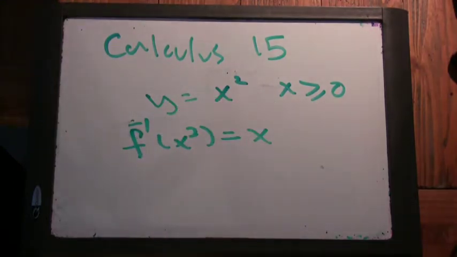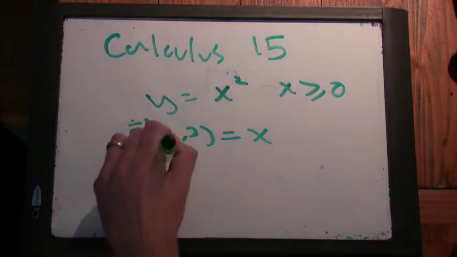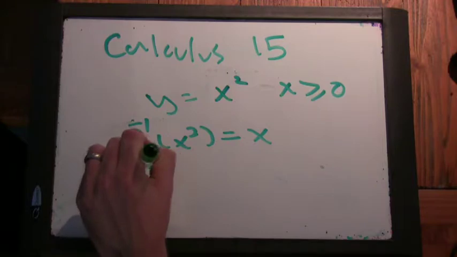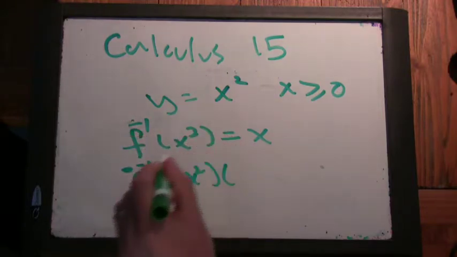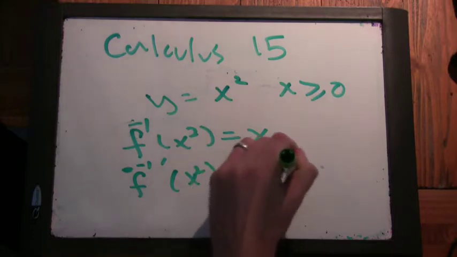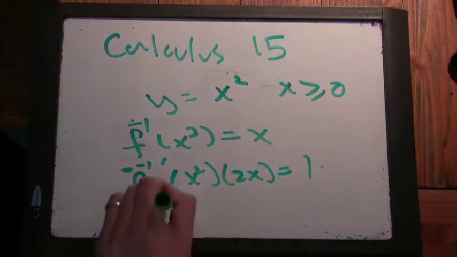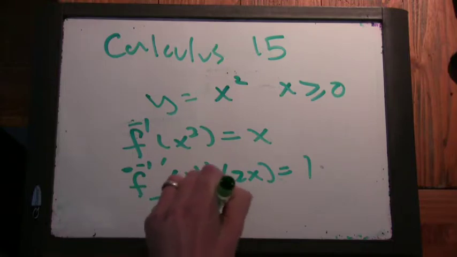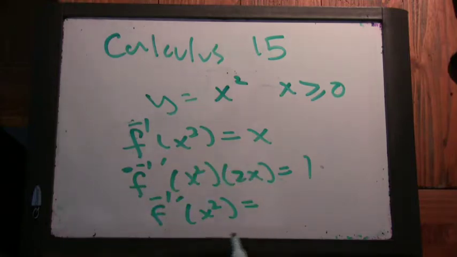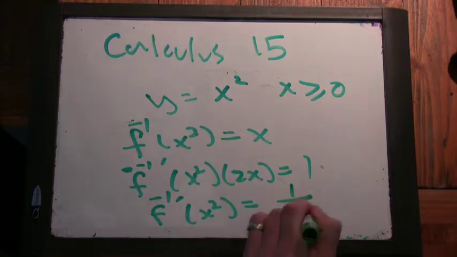Okay, so then f inverse prime of x squared times the derivative of the inside, 2x, equals 1, right? And so f inverse prime of x squared equals 1 over 2x.